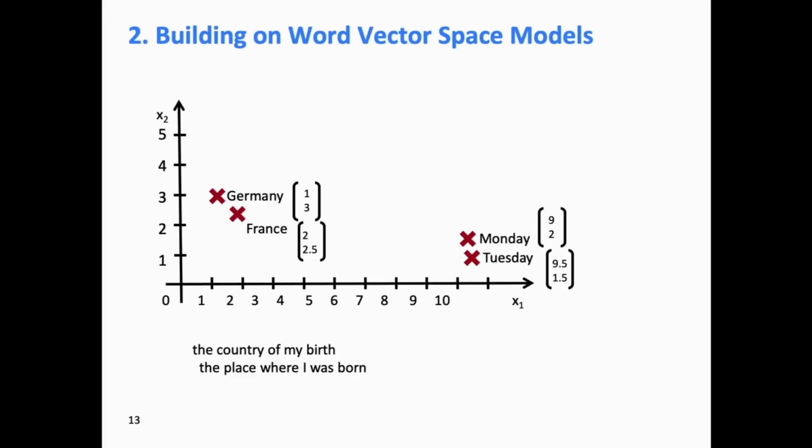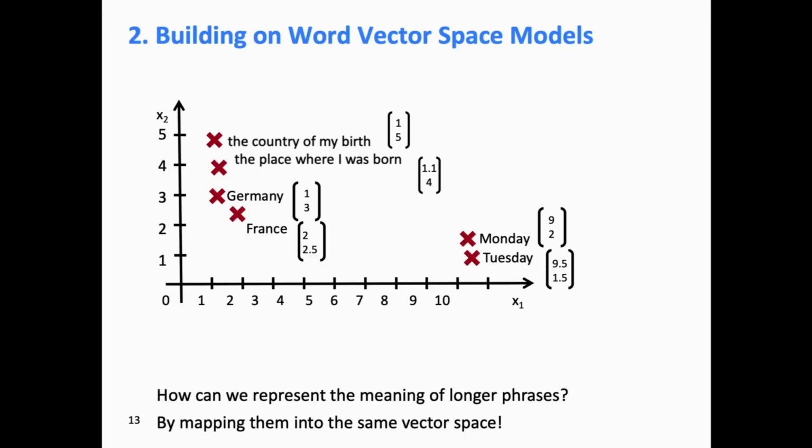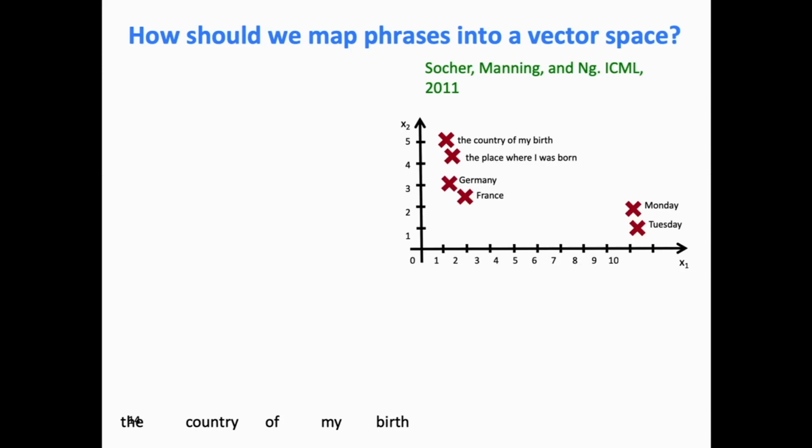So we'd like a method of computing the meaning of any phrase in a compositional manner, such that these phrases could also be stuck inside our vector space model. We're still going to stick with a vector space semantics of phrases, and we want to compute the meanings of phrases.